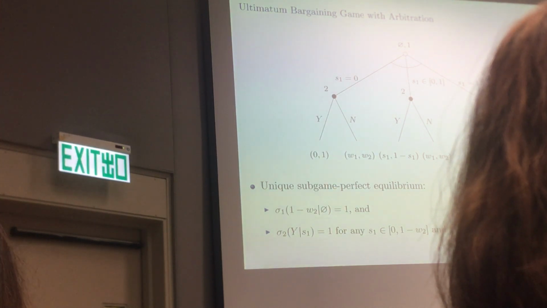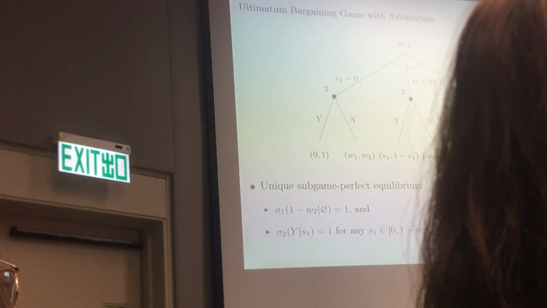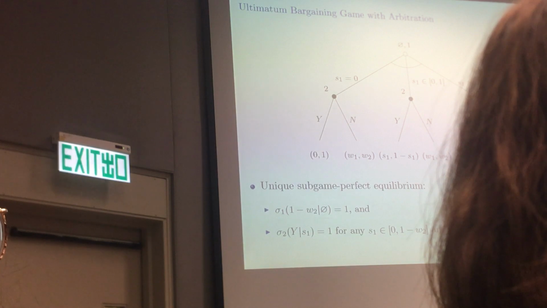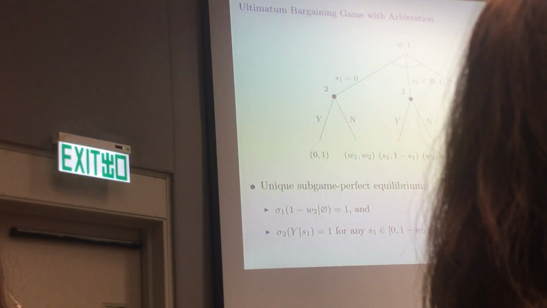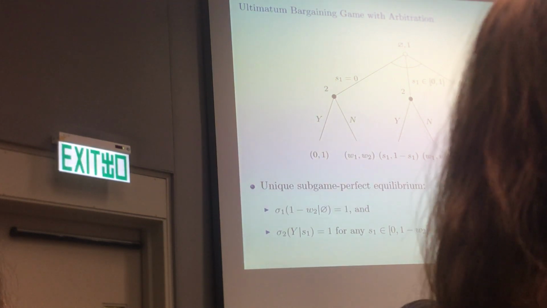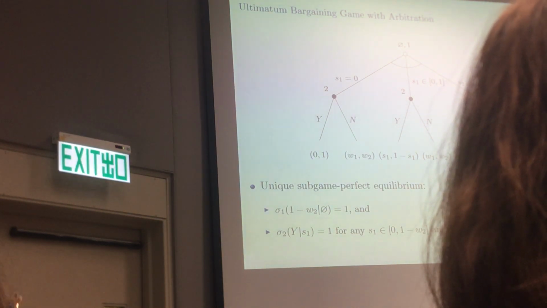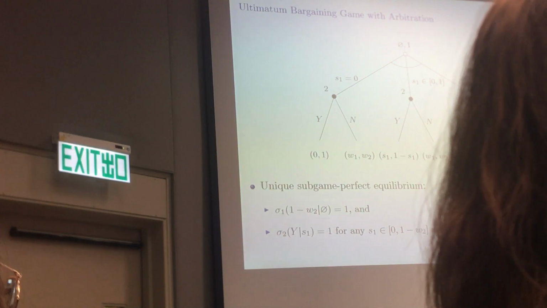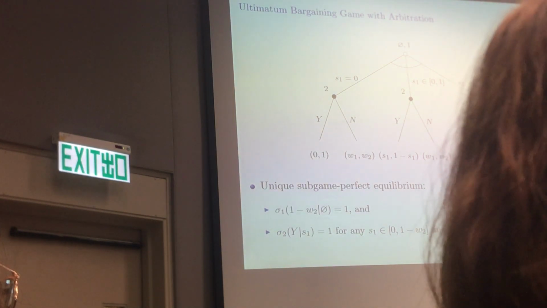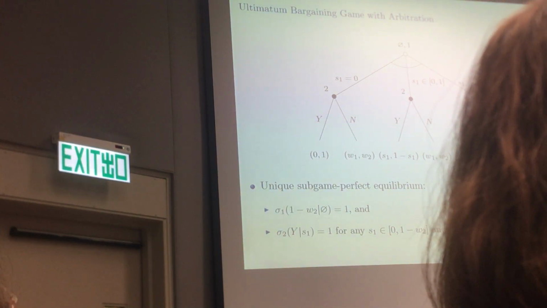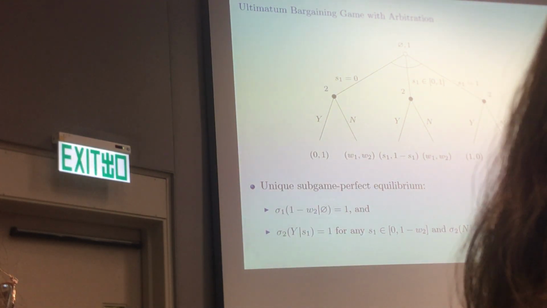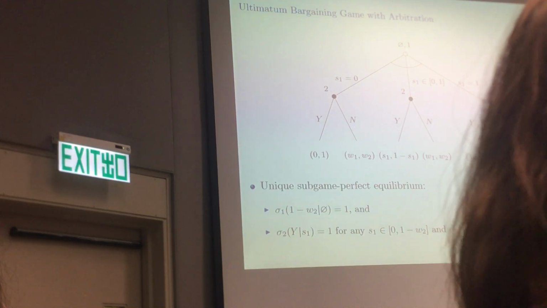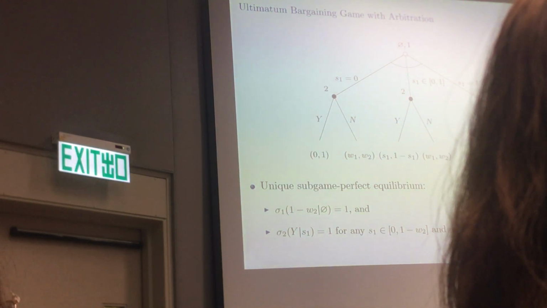However, we observed that player 2 is indifferent, so player 2 can choose any randomization between yes and no. Anything can be a best response for player 2 in that case. For example, if player 2 randomizes yes and no with equal probability, then the payoff will be in the middle of the two extreme cases.